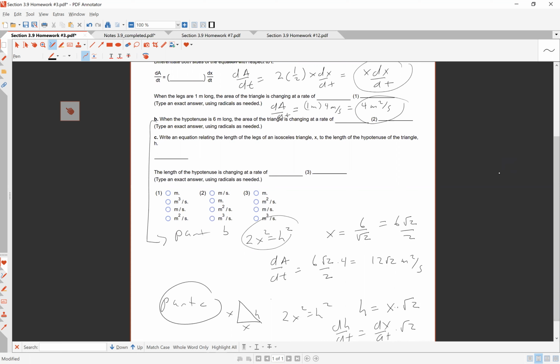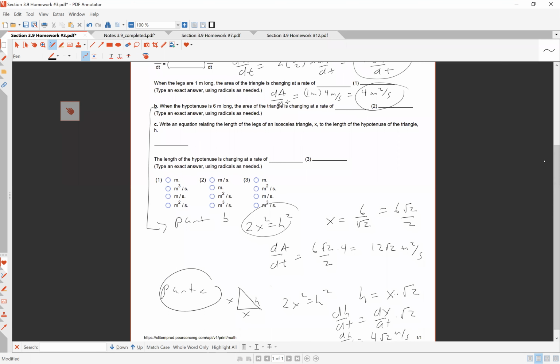Let's find a relationship between x and h. Using the Pythagorean theorem, we get 2x squared is h squared. So when the hypotenuse is 6, we have to solve for x.